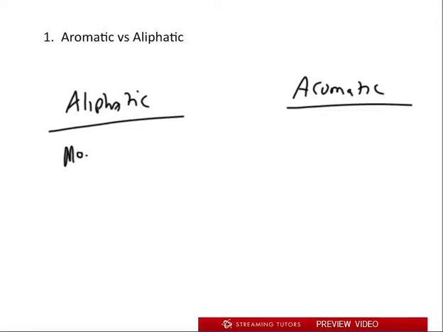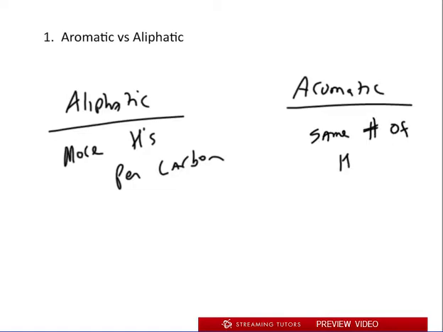So there's more H's per carbon. That is a common theme amongst all aliphatic systems. Whereas aromatic systems either have the same number of H's to carbons, or less H's per carbon. And that's a huge difference.